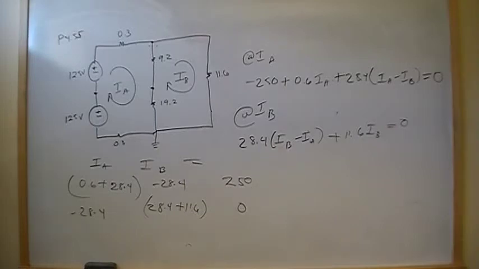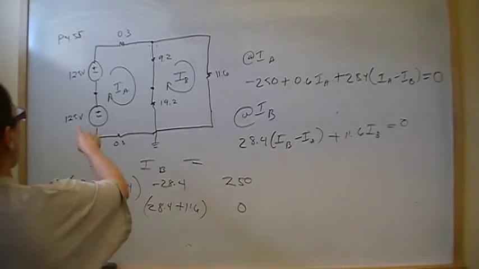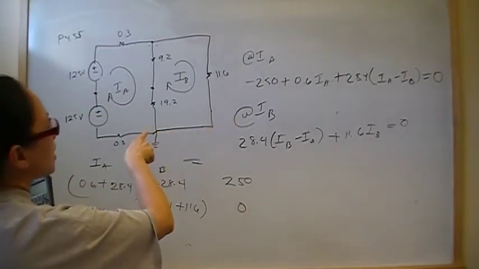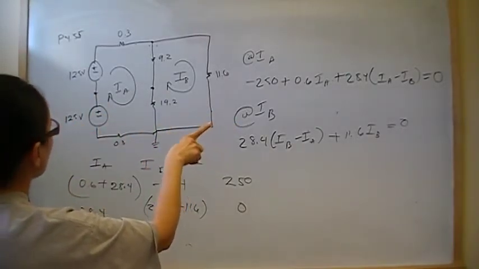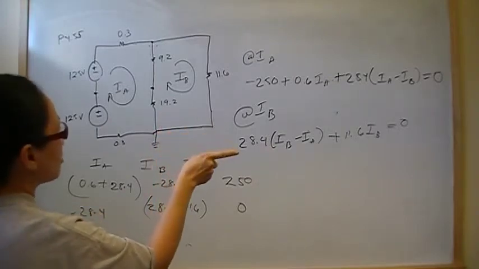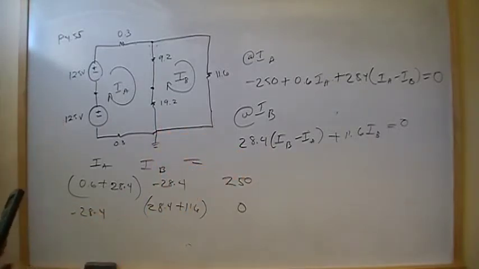And then let's go through 9.2 plus 0.6 IA, and then 28.4 times IA minus IB. That's correct. And then 28.4 IB minus 28.4, 11.6.